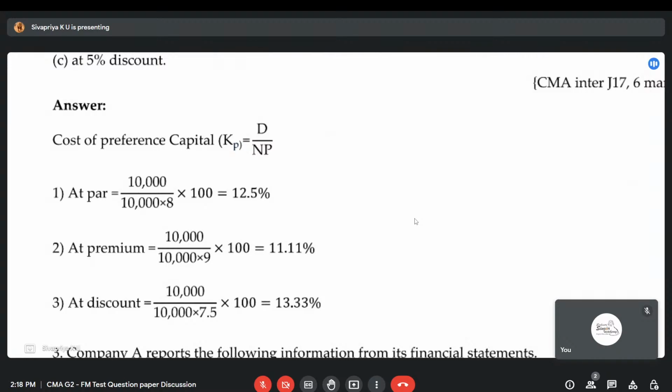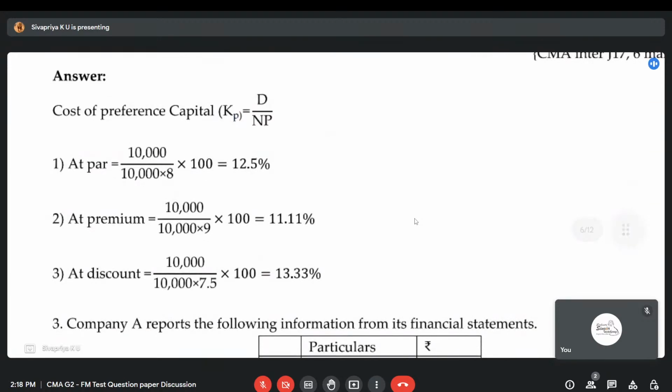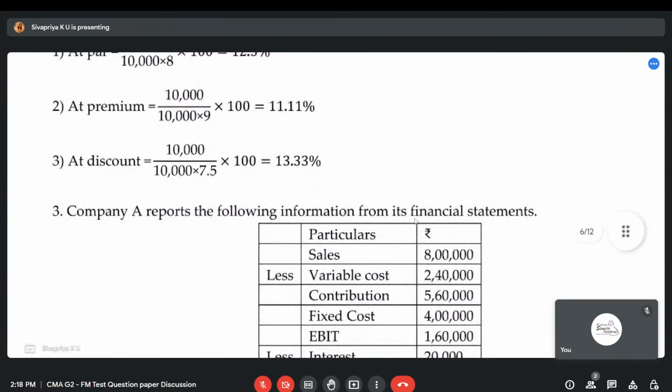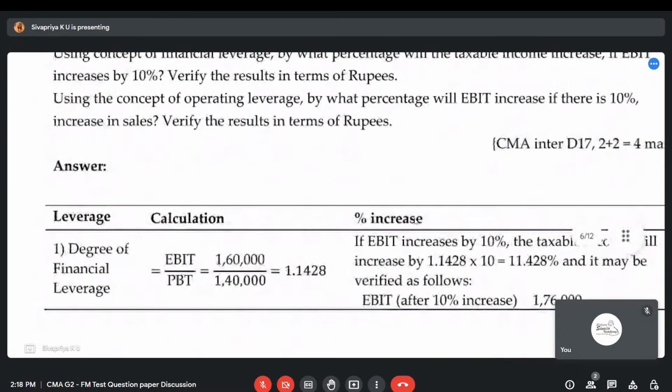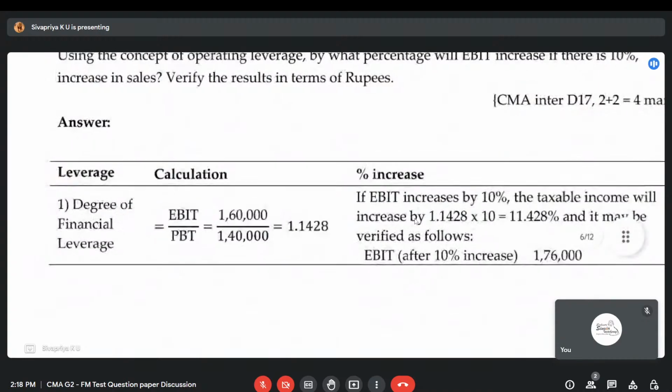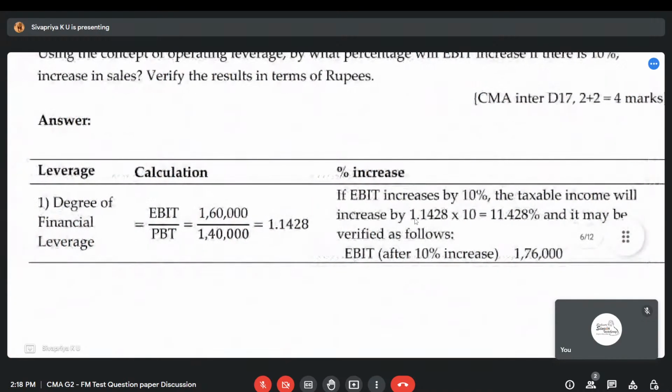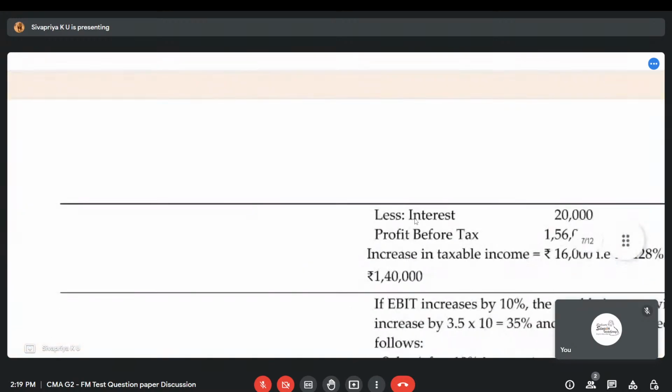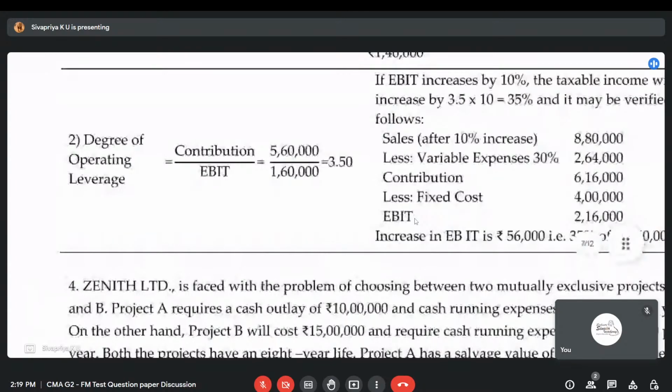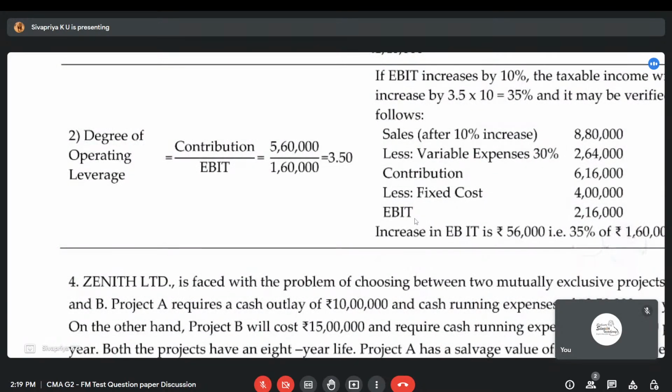At par 12.5, at premium 11.11 and at discount 13.33. Question number 3, this is also leverages. Degree of financial leverage 1.14. Degree of operating leverage is 3.5.